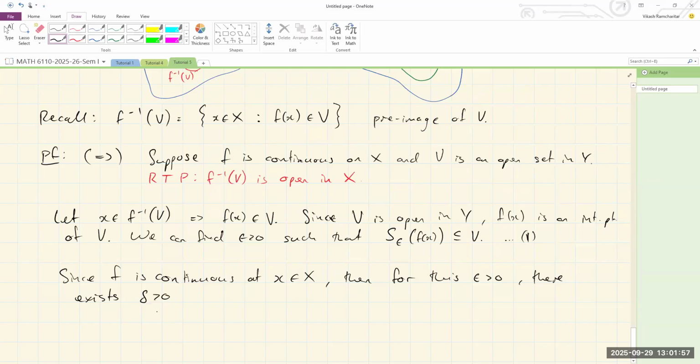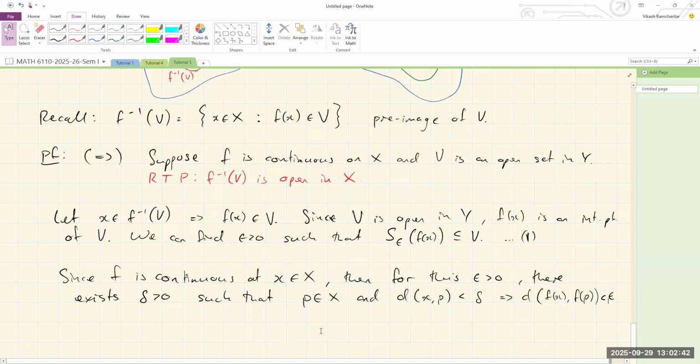There exists a delta bigger than 0 such that if you take any other point in X, let's take the point P, and whenever the distance between this point P and X is within delta, it means that the distance of their corresponding function values will be less than epsilon. That follows from the definition of continuity.